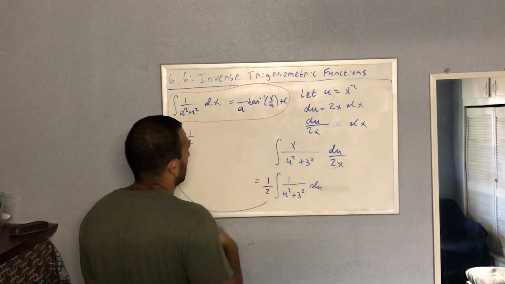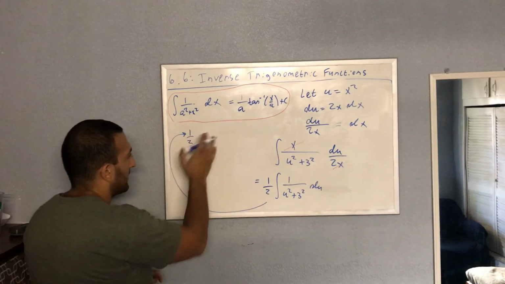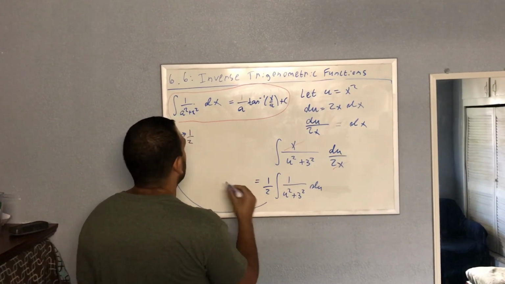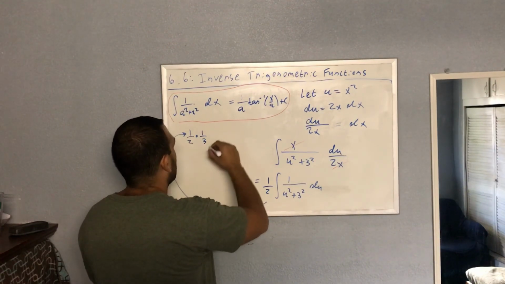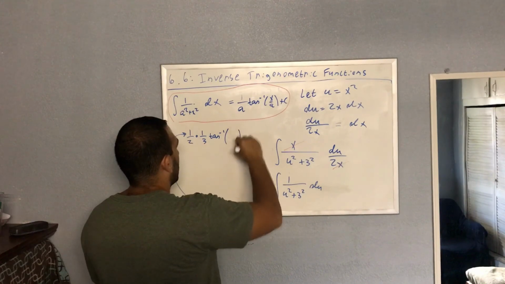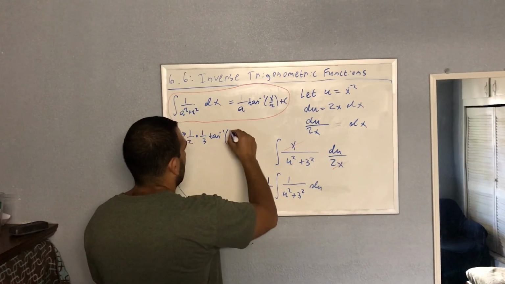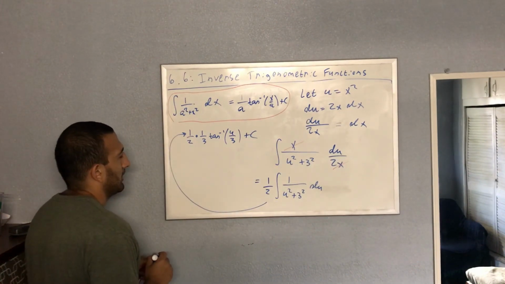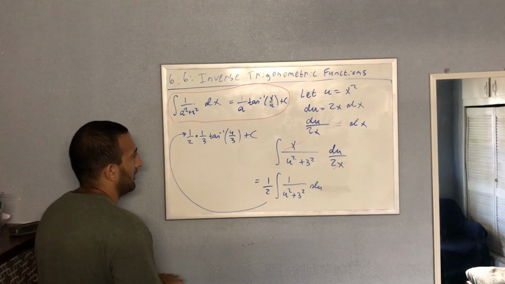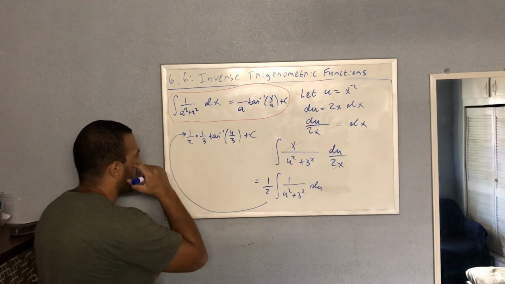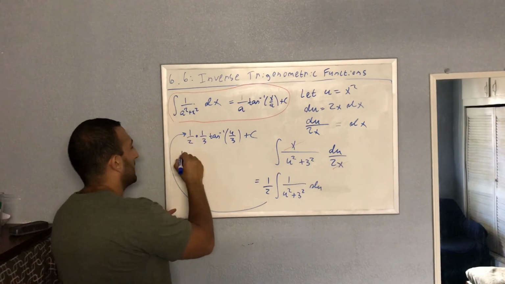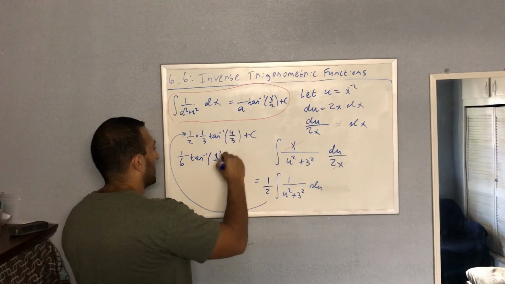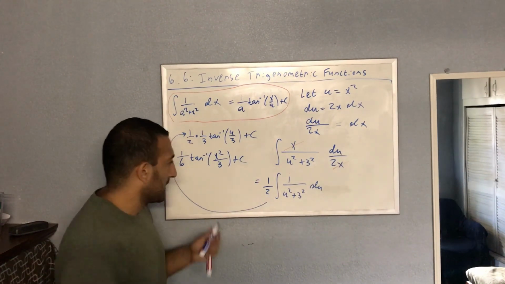It'll be 1/2 times 1 over a, which is 3, so times 1 over 3, tangent inverse of u over 3, and then plus c. And then now we substitute back for u. So 1/2 times 1/3 is 1/6, tangent inverse of x squared over 3 plus c. And that's the final answer.